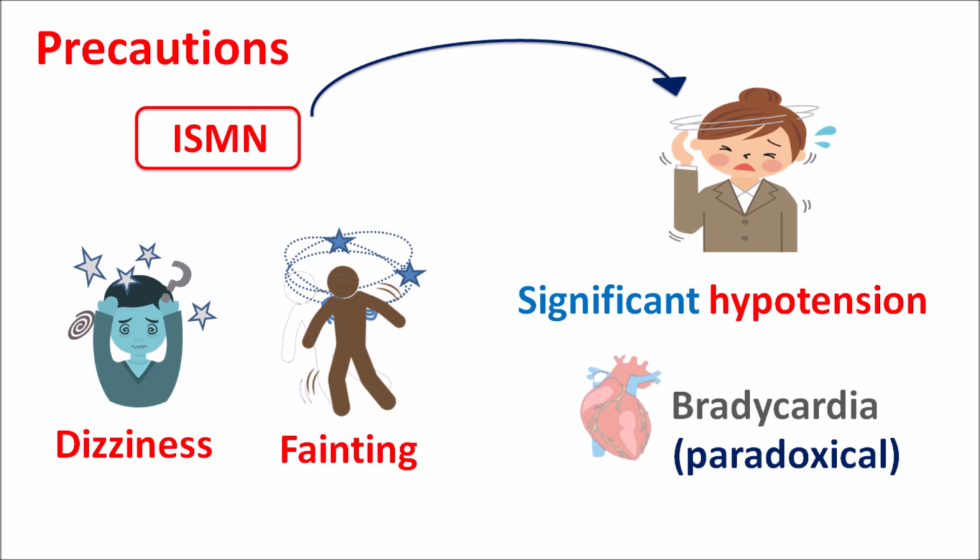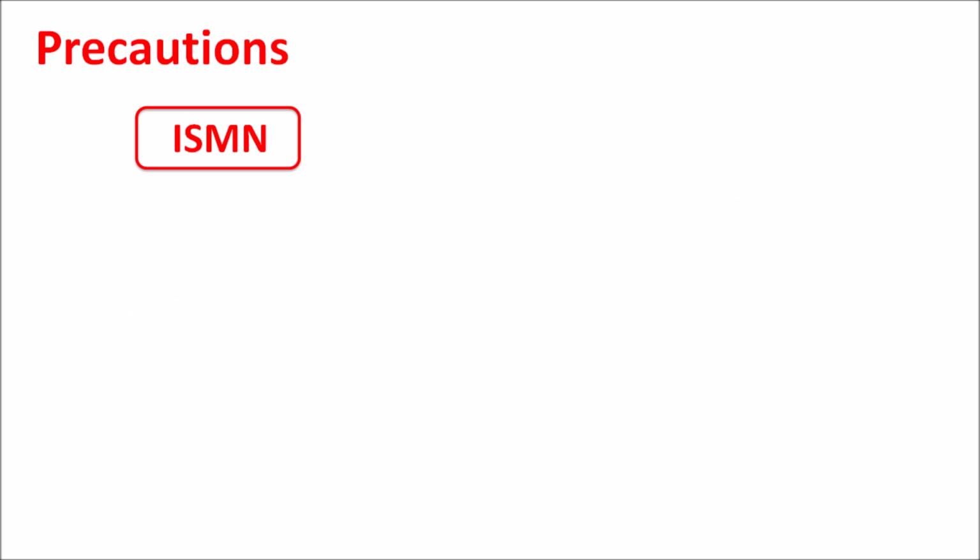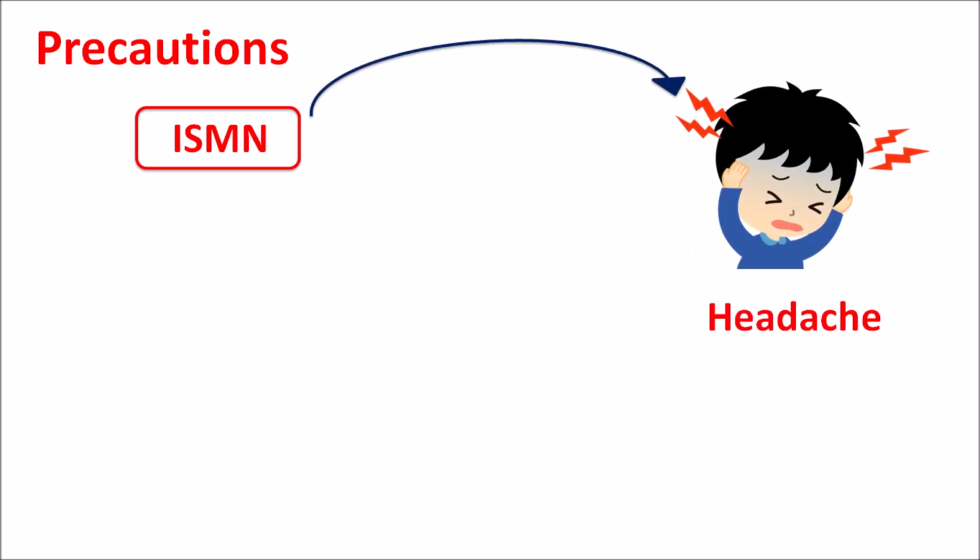So care should be taken when this isosorbide mononitrate is prescribed for long term, as it can produce significant hypotension. Similarly, this drug can produce some severe headache, which is commonly observed with many of the organic nitrates. But this headache simply indicates that organic nitrates are acting like vasodilators and they can relieve the symptoms of angina.